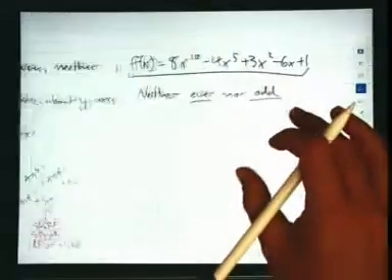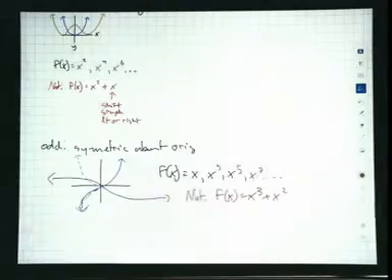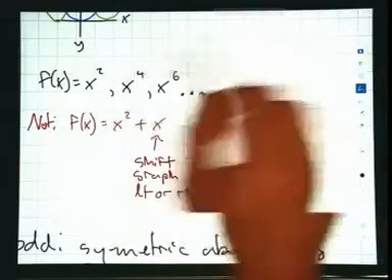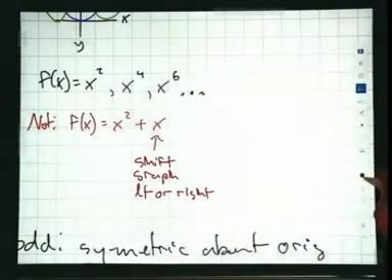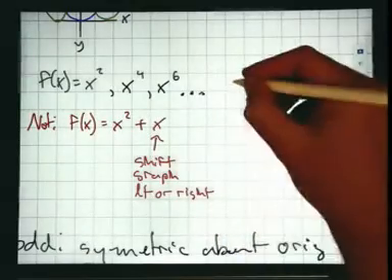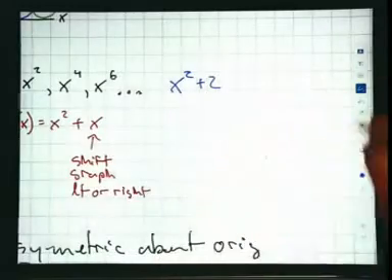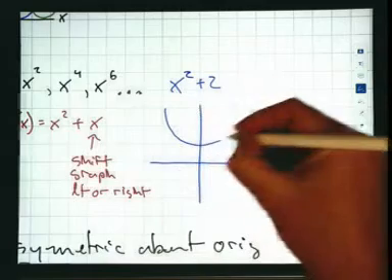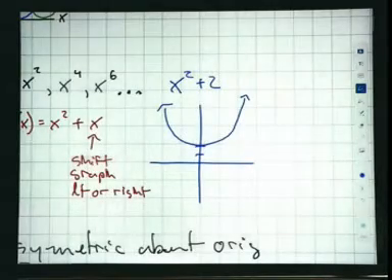So the only time that you're going to have an even function or an odd function is if you just have, for this example, x squared, there's nothing else attached to it. I should give a counterexample. You could have x squared plus 2, because that's just going to raise your graph up 2 units, like that. 1, 2, it's still symmetrical.